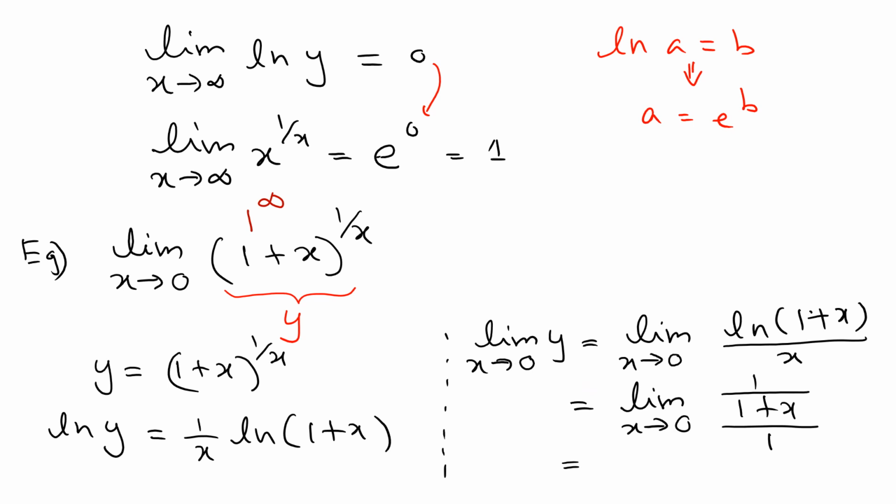So take the derivatives. The derivative of the top is 1 over 1 plus x, and the bottom derivative is 1. When x goes to 0, 1 over 1 plus x goes to 1. That means the final answer is e to the 1, which equals e. So the answer is e for this problem.